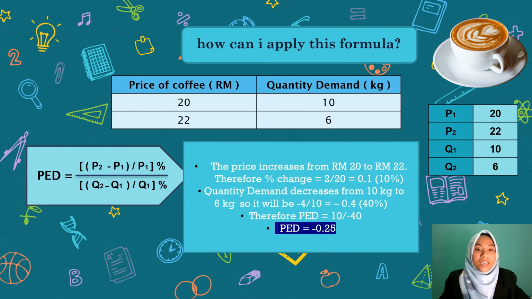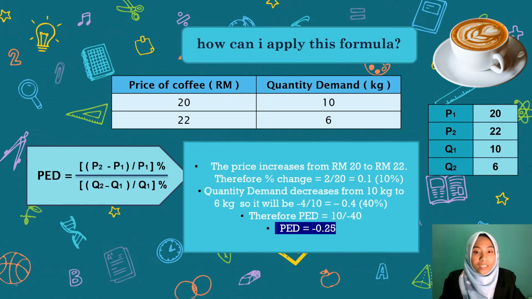Okay, as a summary, the price increased from 20 ringgit to 22 ringgit. Therefore, the change of the price is 2 over 20 and it will be 0.1. After that, we change it into a percentage, so it will be 10% for the price increase. Next, the quantity demanded decreased from 10 kg to 6 kg, so it will be negative 4 over 10.